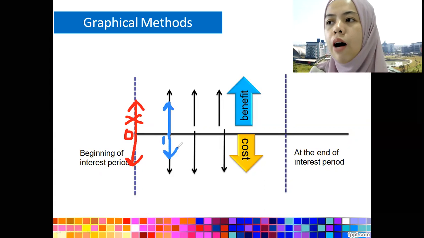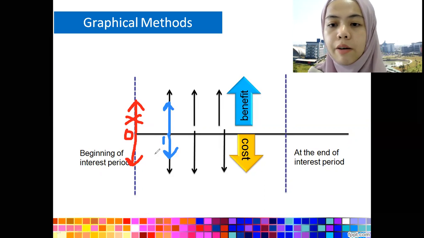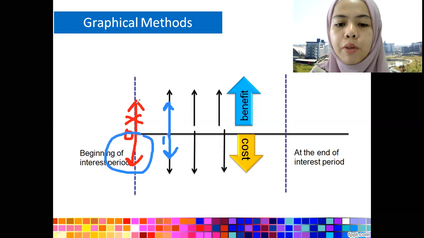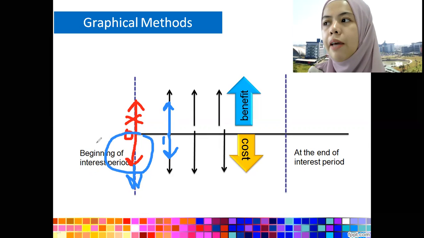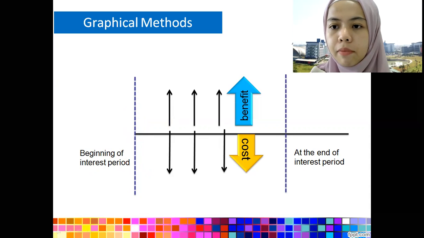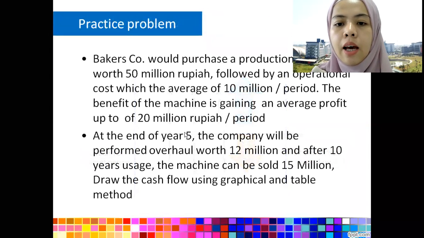Let's say you hire some worker to maintain your machine, so you have to pay a salary for him. Okay, the benefit and cost for our investment. So don't put them in the same position for the same investment. Okay, so that's the end of period convention.